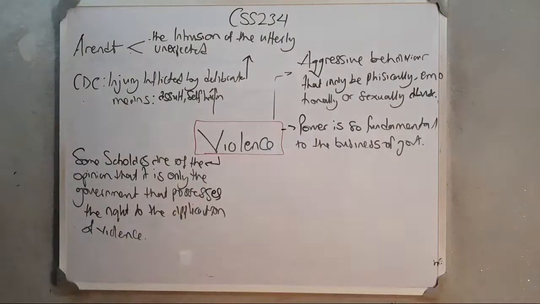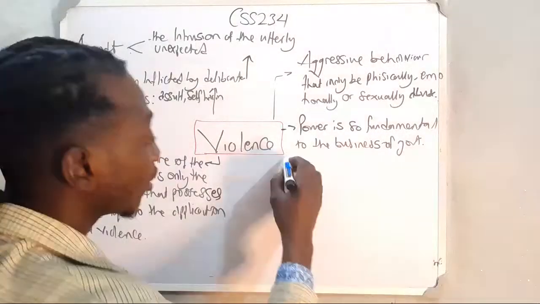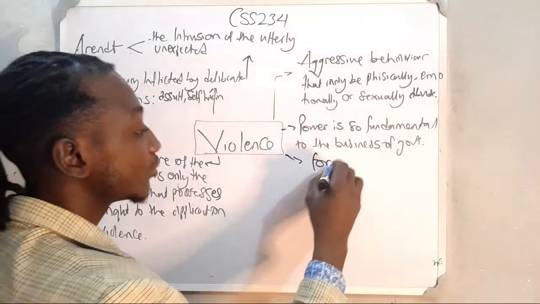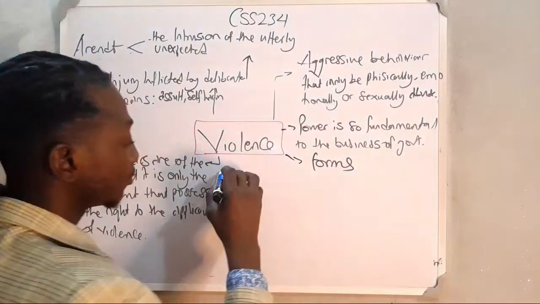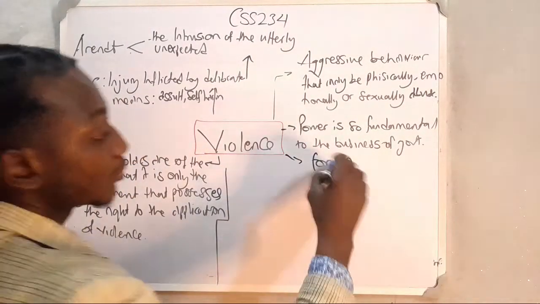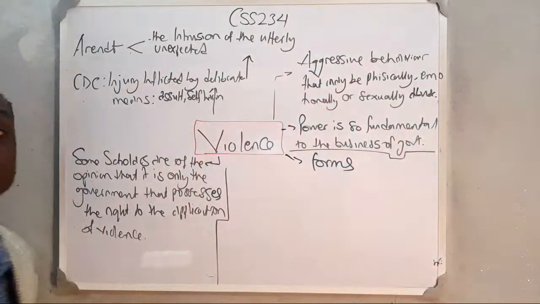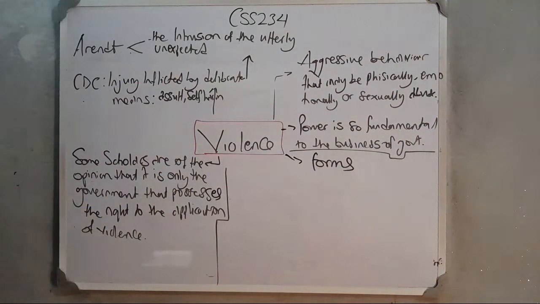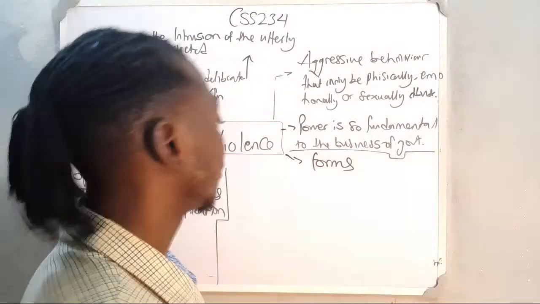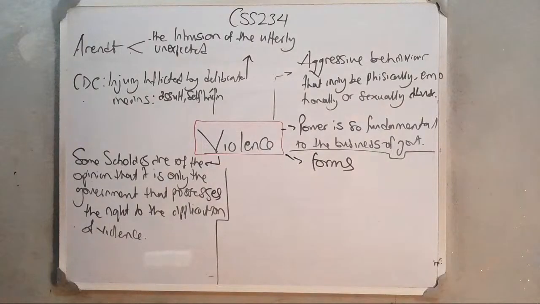So very quickly, we'll talk about some forms of violence, but in our next class we'll really hit the nail on the head about more points on the term violence. So now, forms of violence: violent crimes, forms of violent crime.